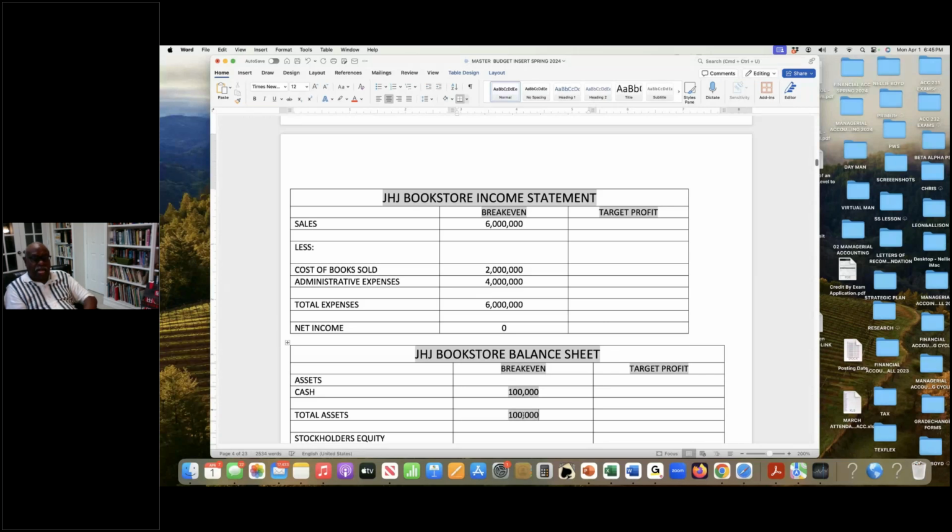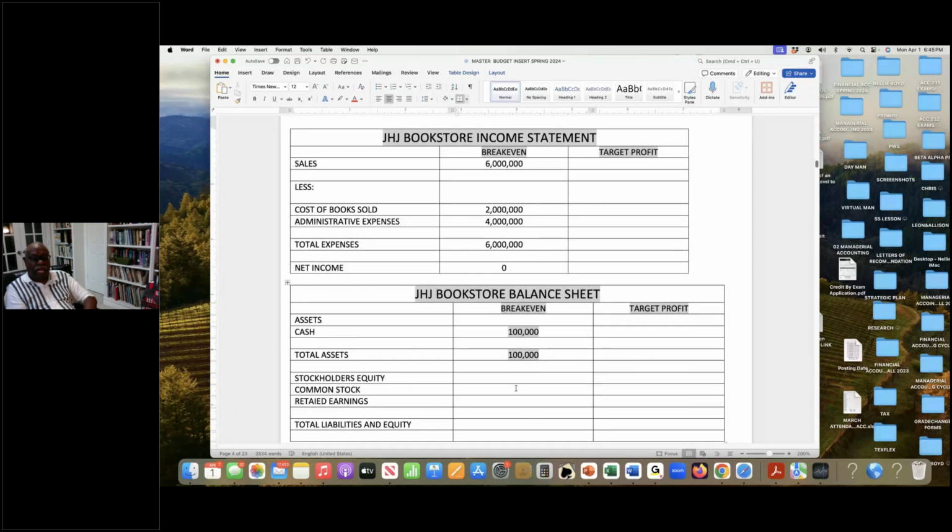For the stockholders' equity, we only have what we started the company with, the 100,000. So the total liabilities and equity is 100,000. So our balance sheet is balanced.